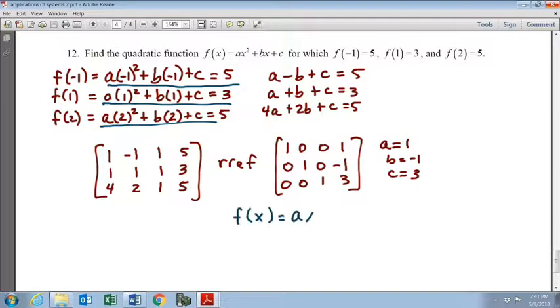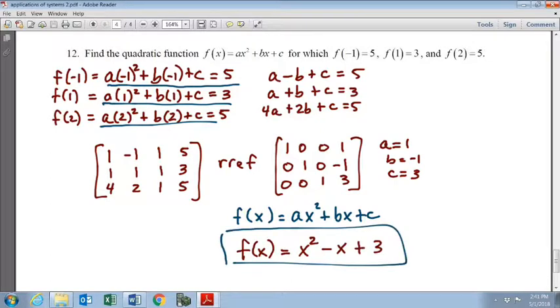So remember, a quadratic function's in this form, and now we know A, B, and C. So we're going to get 1x squared. If B is -1, we'll get minus 1x or minus x, and then plus 3 since C is 3. So that's how you would do a problem like this. And that's the end of this video.